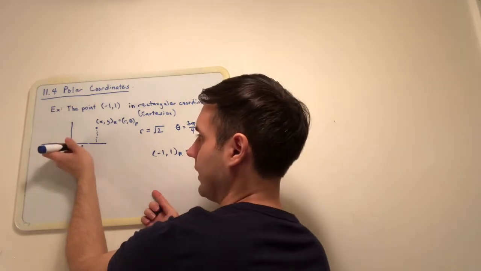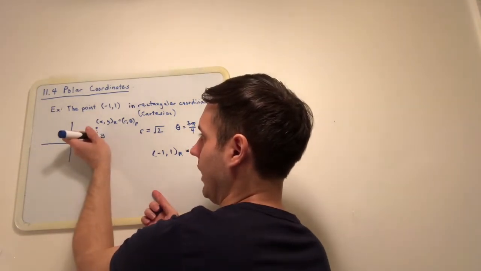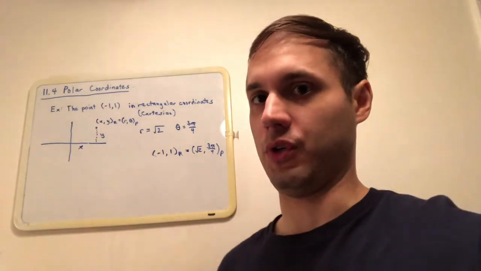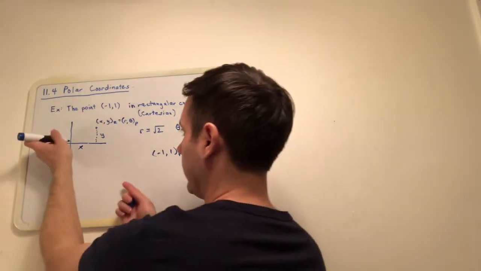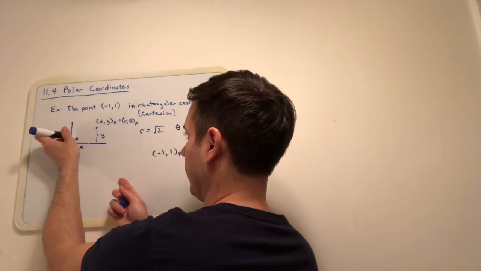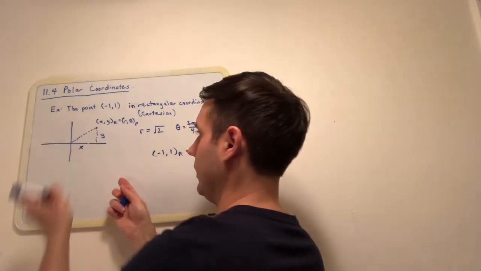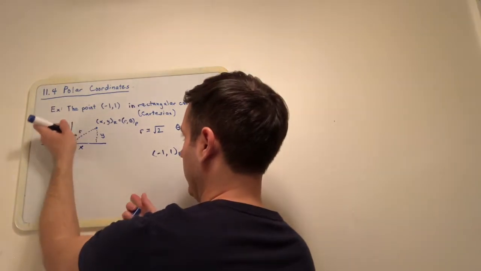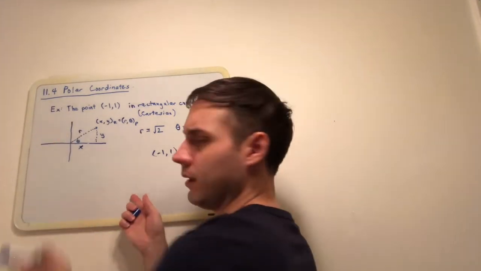So remember, the rectangular coordinates tell me how far to go out to the right and then how far up or down to go. And then the polar coordinates tell me how far away from the pole and in what direction. So my r and my theta.